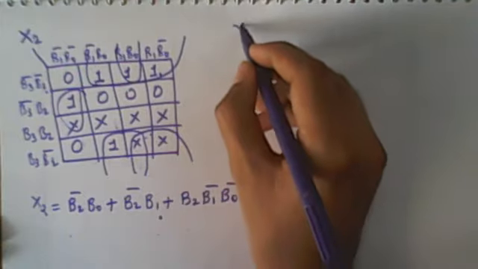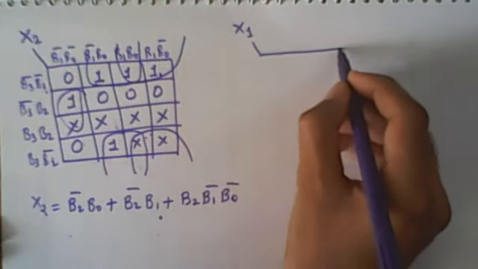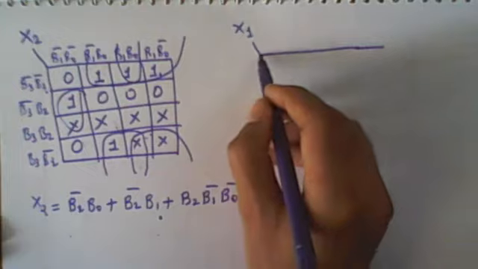Similarly, we have to prepare for the x1. Again a 4 variable Karnaugh map.